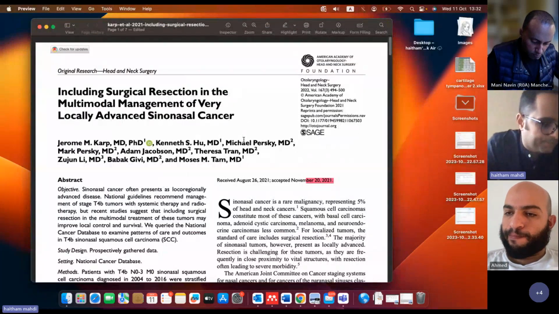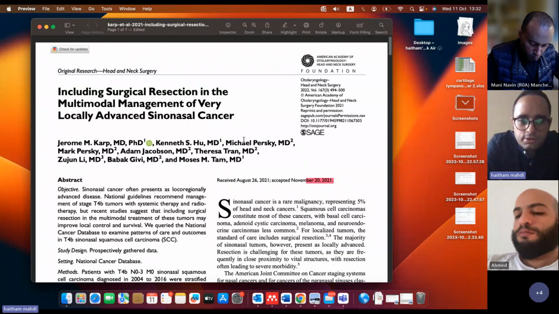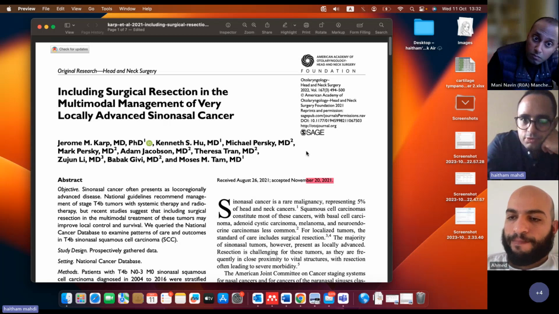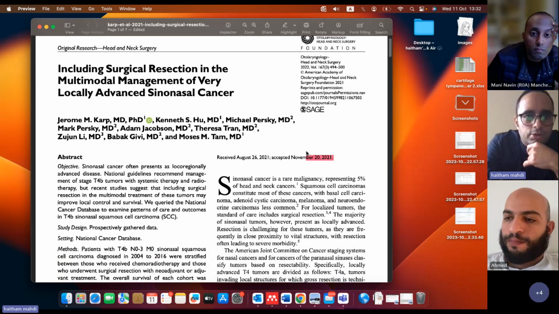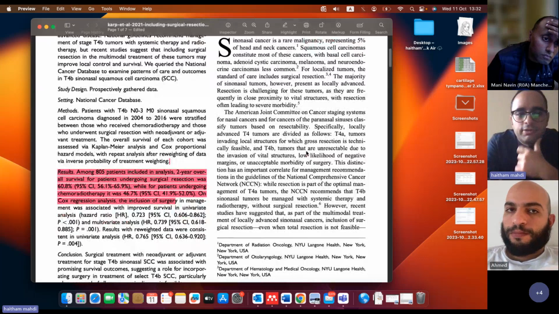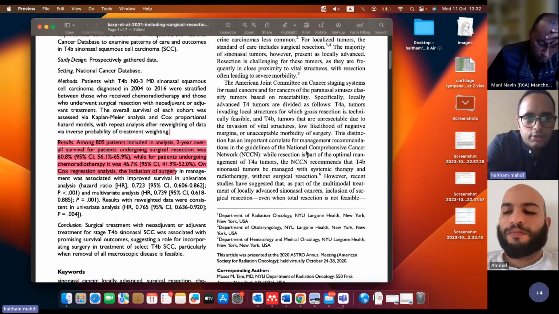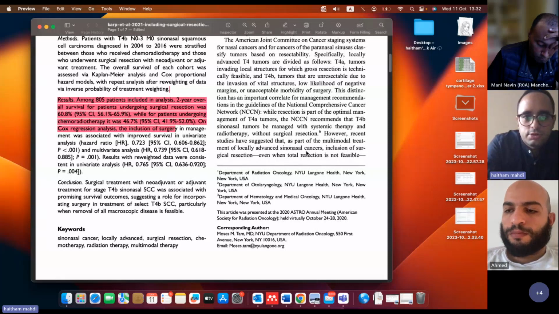So yeah, it's a nice paper actually. It's written in terms of how we can approach the T4B cases based on the American database, as this paper was published in November 2021 in the Head and Neck Surgery Otolaryngology journal, and the authors took the data prospectively gathered from 2004 to 2016 in order to know what was the plan of management for the T4B sinonasal SCC tumors.